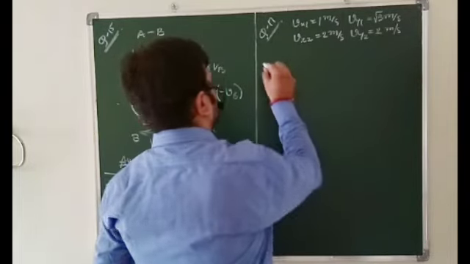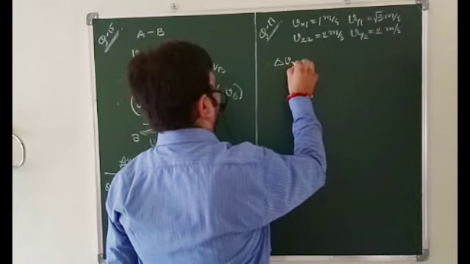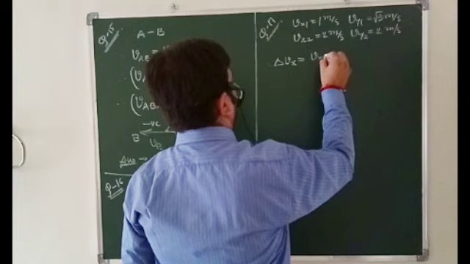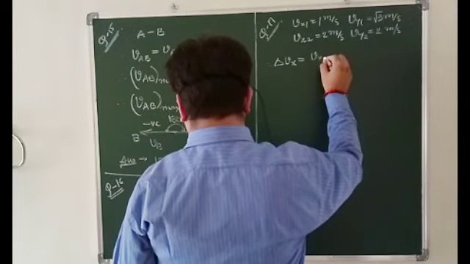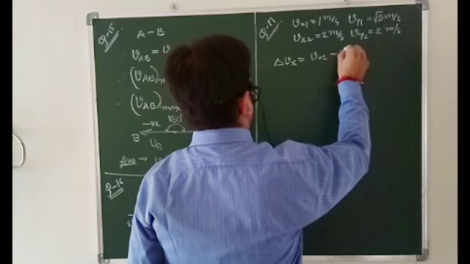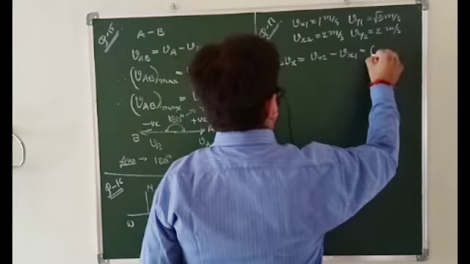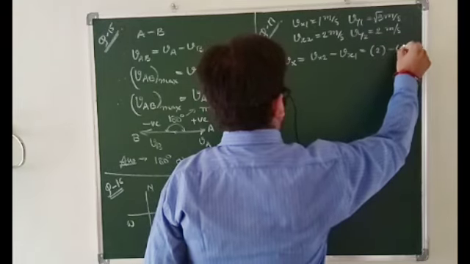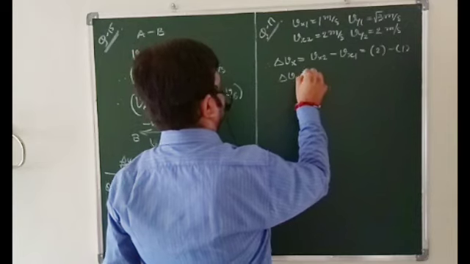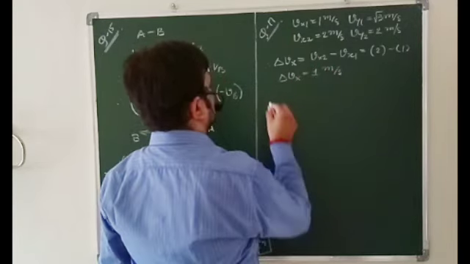So here delta Vx is equal to Vx2 minus Vx1, means 2 minus 1. So delta Vx is equal to 1 meter per second.